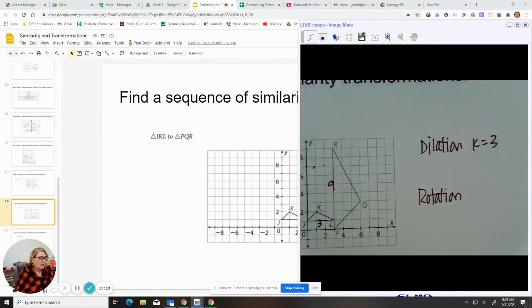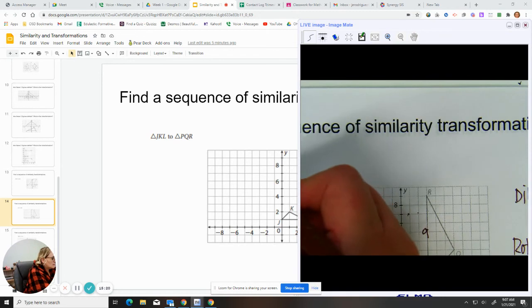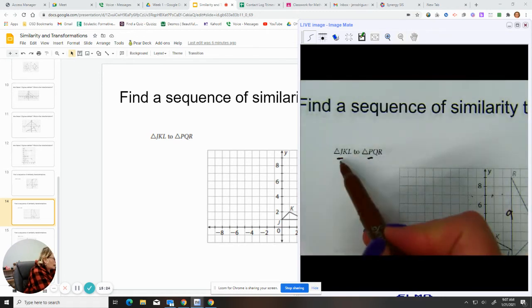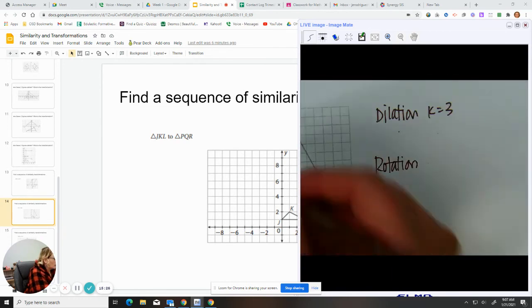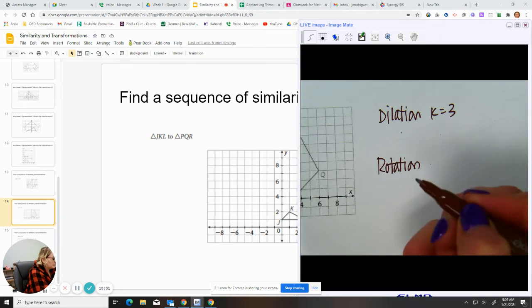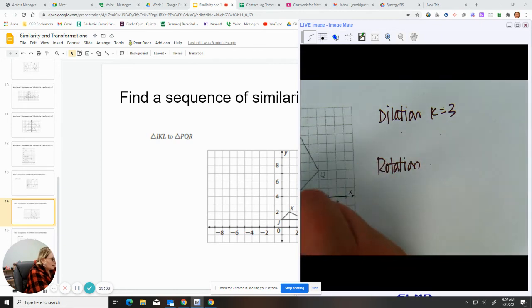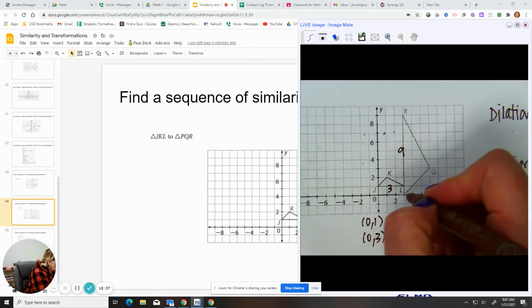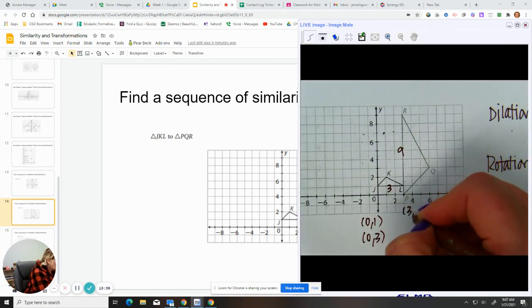Okay. And then because it tells us that J and P are the same point, J is actually the point (0, 1). And if I dilate it, it's (0, 3). And now P is (3, 0).